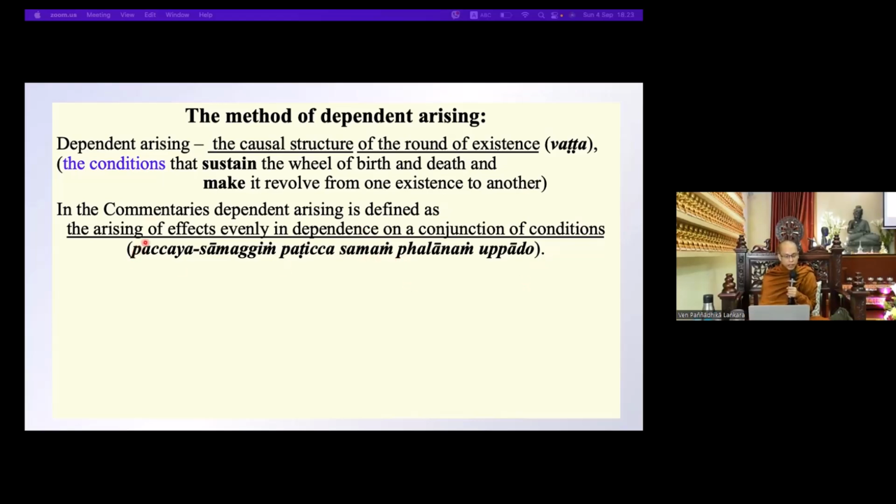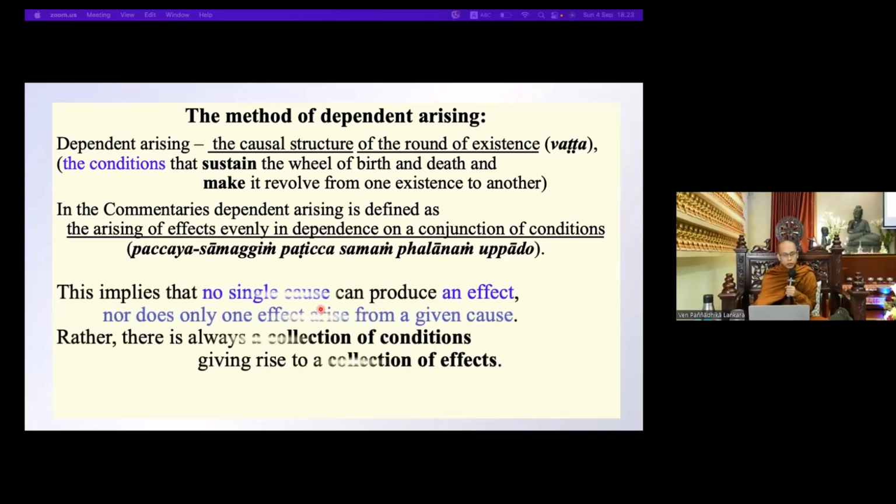Phala is effect. So the arising of the effect depends on the arising of the condition. As long as the condition exists, the phala will come to be. So if one wishes to cut off the round of rebirth, he has to consider where we can cut, where we can stop.